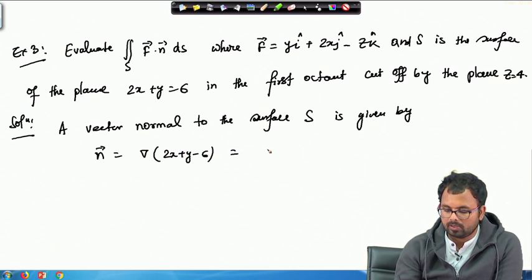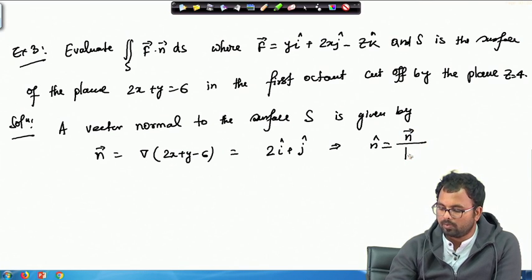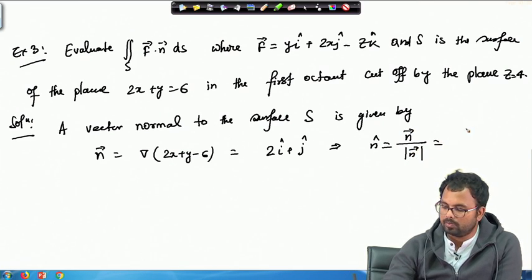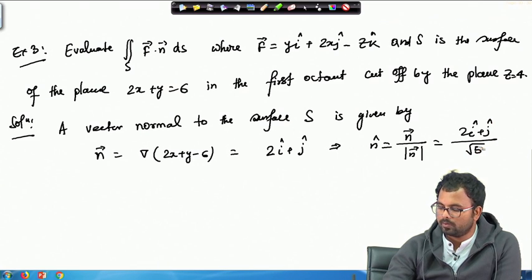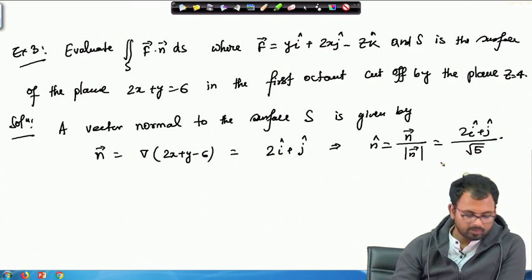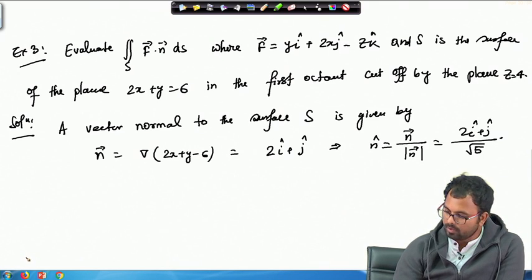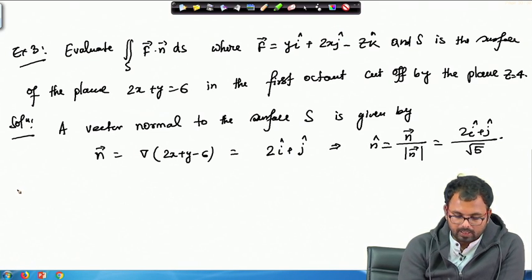So, this is ultimately 2i plus j, and therefore, from here our unit normal is n by mod of n. So, this will be 2i plus j over square root of 5, right. So, this is our required unit normal.